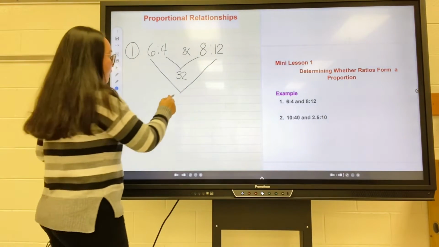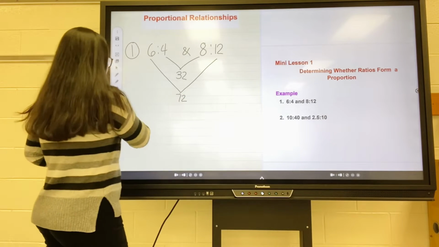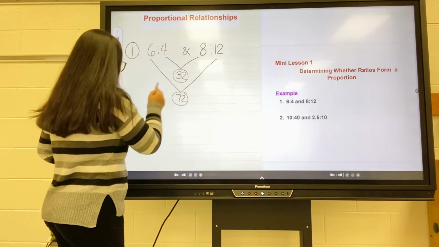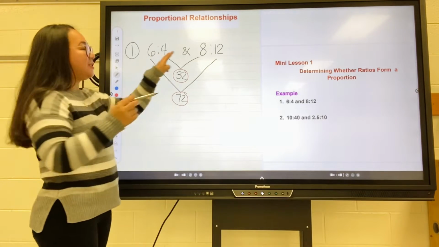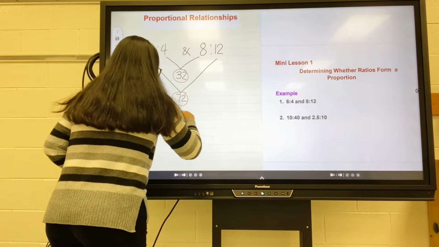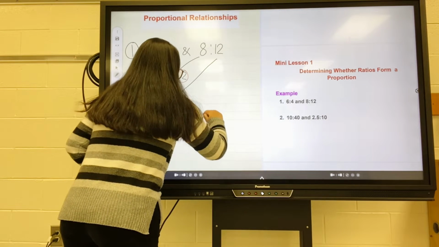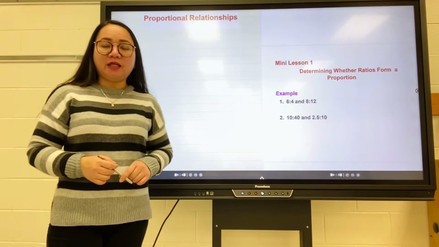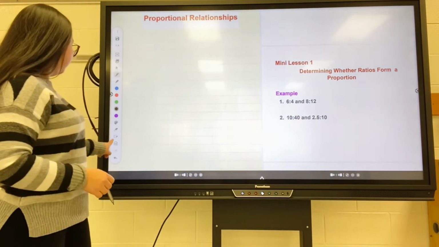And 6 times 12 is 72. You notice that they do not have the same answer, which means these two ratios do not form a proportion.